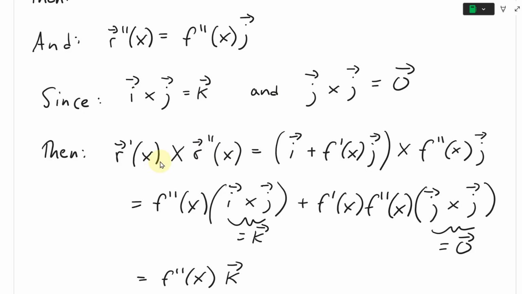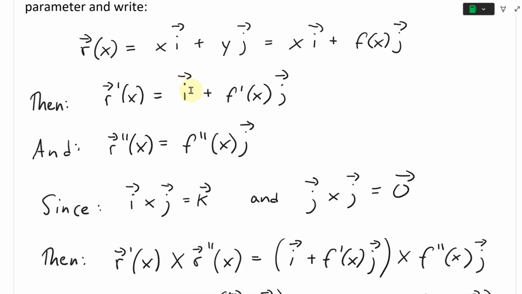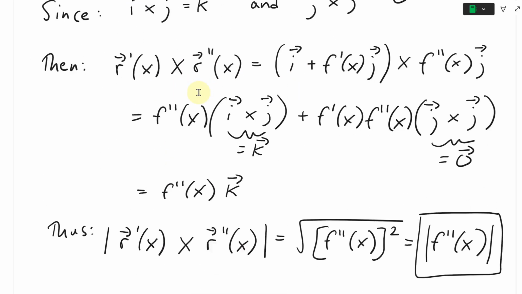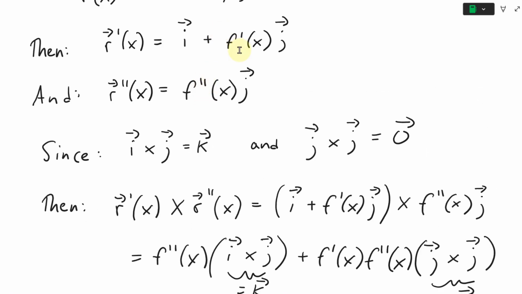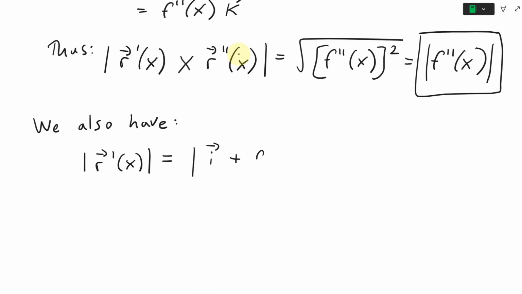We could also take this again for completeness and derive it as well. So we have the magnitude of this, the same thing as I said way back in the beginning of the video. This is going to be the magnitude of i plus f prime of x j.